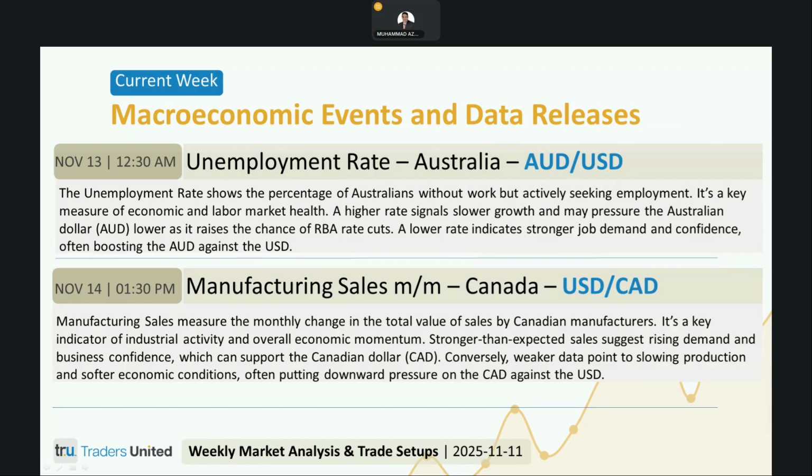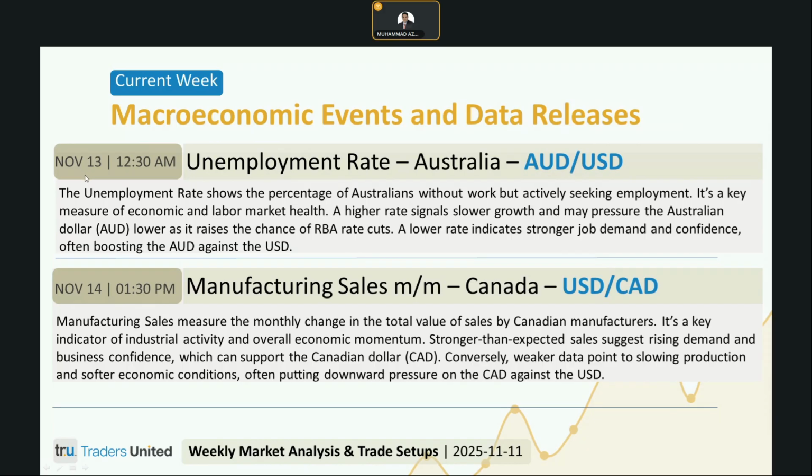Conversely, a lower unemployment rate points to stronger job creation and confidence, often supporting the Australian dollar against the US dollar. So let's take a look further.